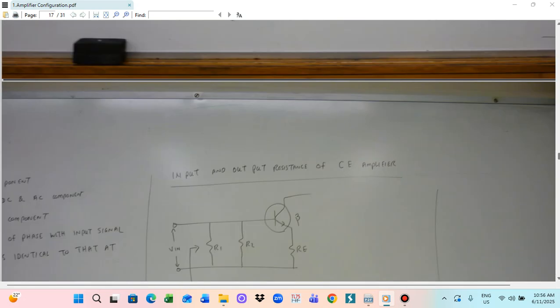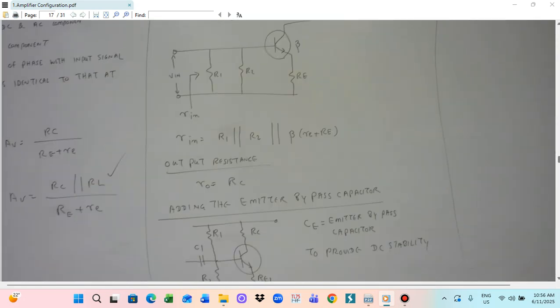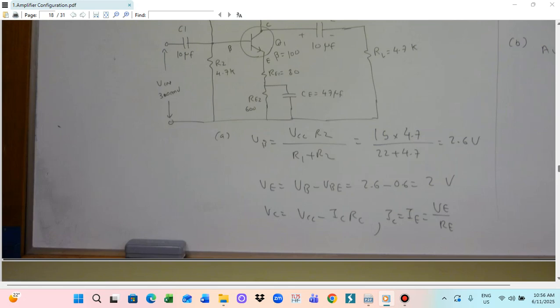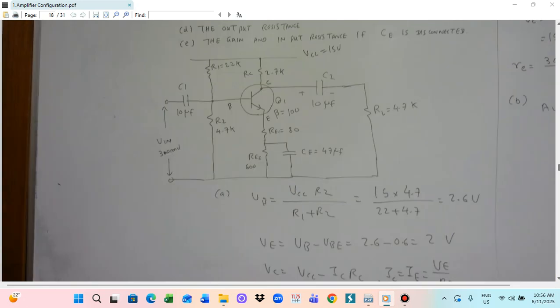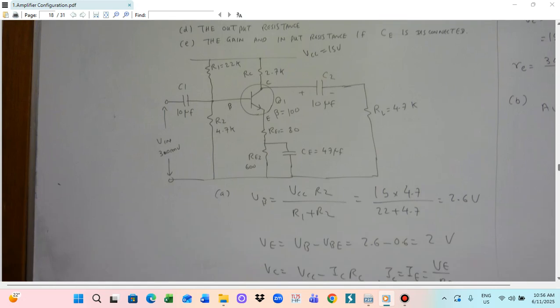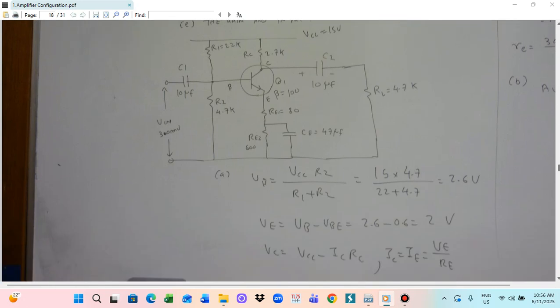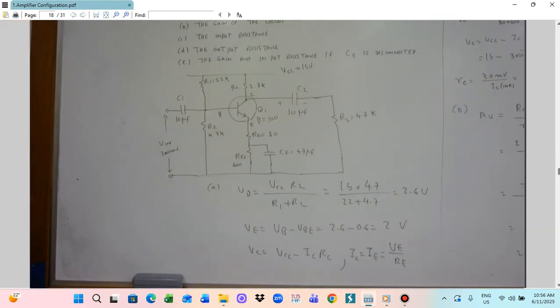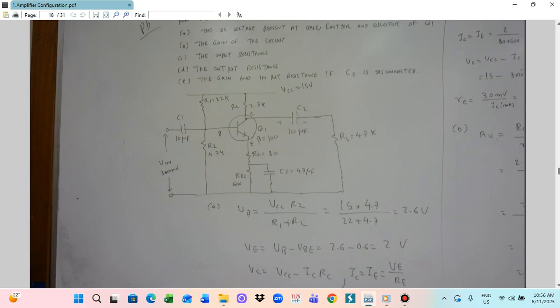Firstly we calculate VB. The formula is VB equals VCC into R2 divided by R1 plus R2. VCC is 15 volts, R2 is given as 4.7K, and R1 is 22K. So this is 15 into 4.7 divided by 22 plus 4.7.